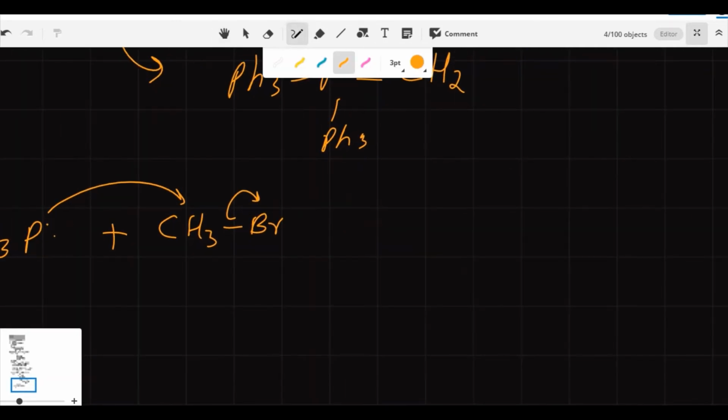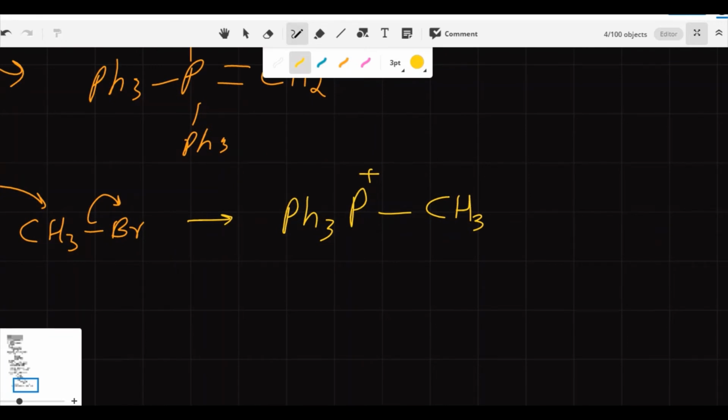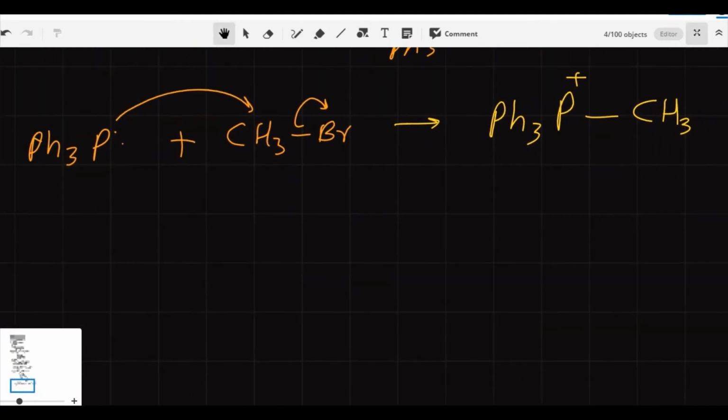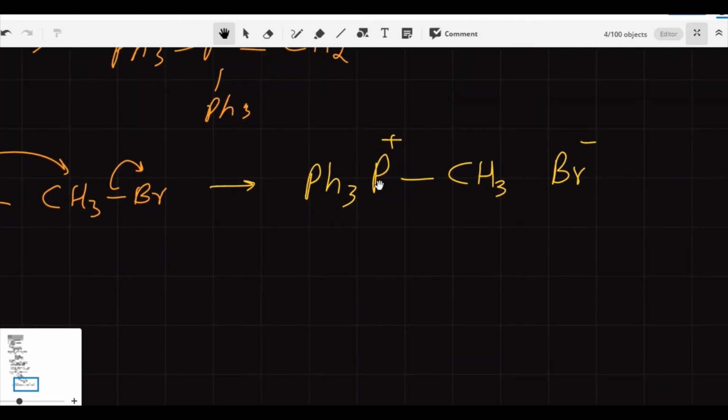So it will form Ph3P-CH3, where the CH3 is bonded with the phosphorus, which now has a positive charge, while the bromine is present as a negative ion. That is also known as a phosphonium salt, or by its name, methyl triphenyl phosphonium bromide.